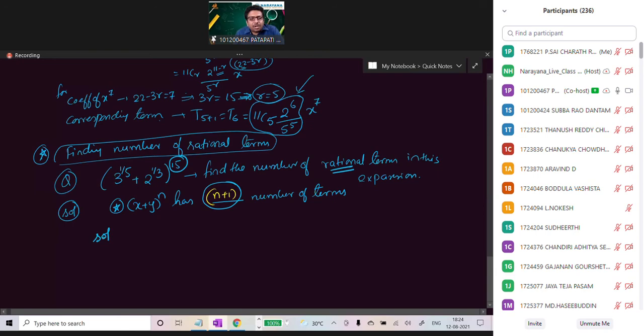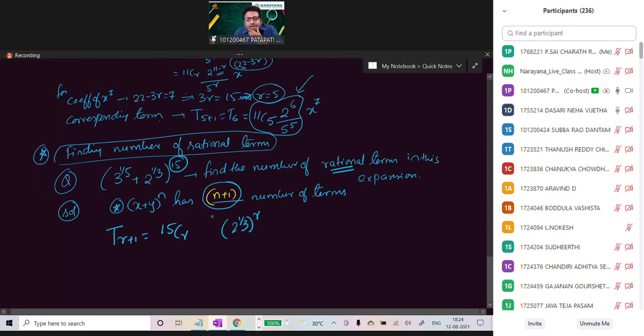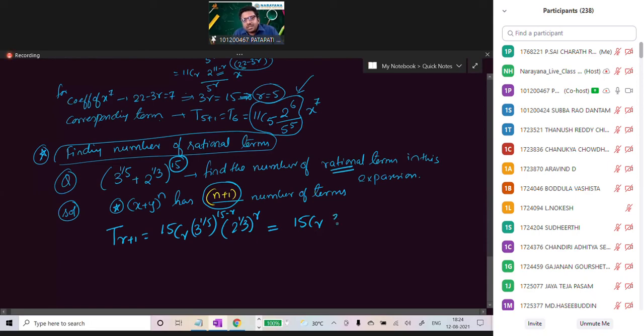See, how do you solve this? Just write the general term. T(r+1) is equal to 15Cr (2 power 1 by 3) whole power r into (3 power 1 by 5) whole power 15 minus r. So if you look at it carefully, it is 15Cr, 3 power (15 minus r) by 5, into 2 power r by 3.